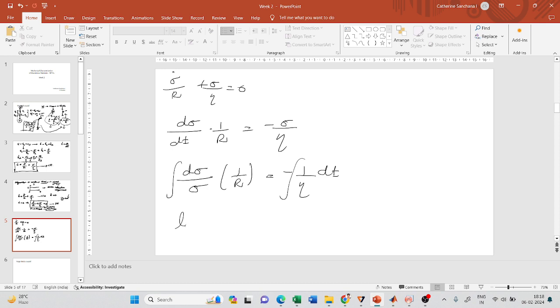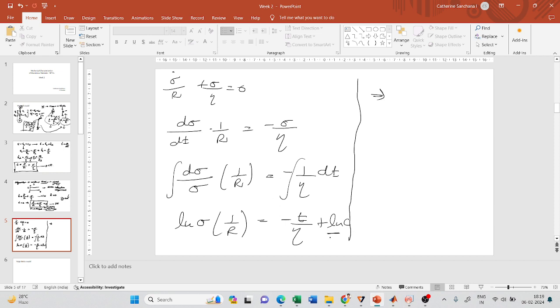So what will I get? Ln of sigma into 1 by r is equal to minus t by eta, or I can write this as plus ln of c, right? Now I'm integrating it, and this is without any limits, right?